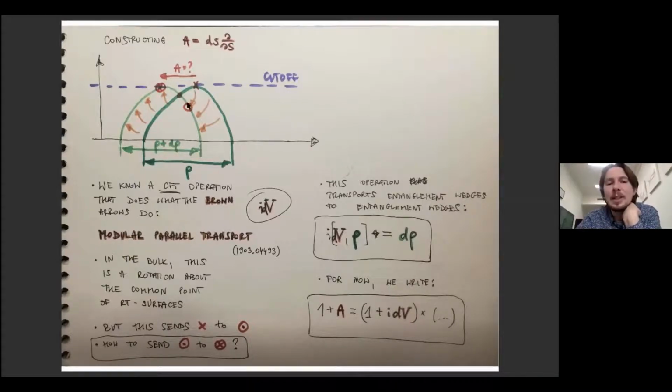Modular parallel transport corresponds to just a rotation about the common intersection point. In holographic theories, it is generated by the modular scrambling modes that featured very prominently in Lampros's talk earlier this morning.